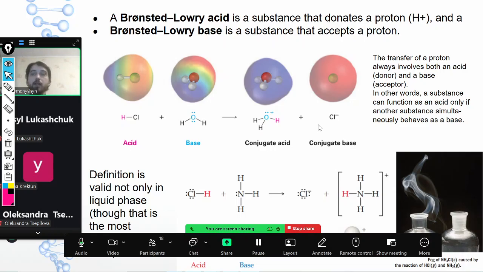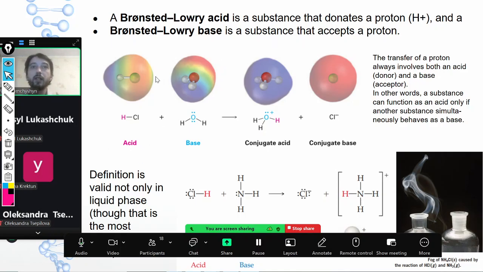But there is such a difference that for Brønsted-Lowry acids, we have a good measurement of how strong the acid is. For Lewis acids, at least I don't know such a measurement, so how to quantify that in some sort of numerical way. But for Brønsted-Lowry, that's pretty okay, and we will get to that in just a couple of slides.